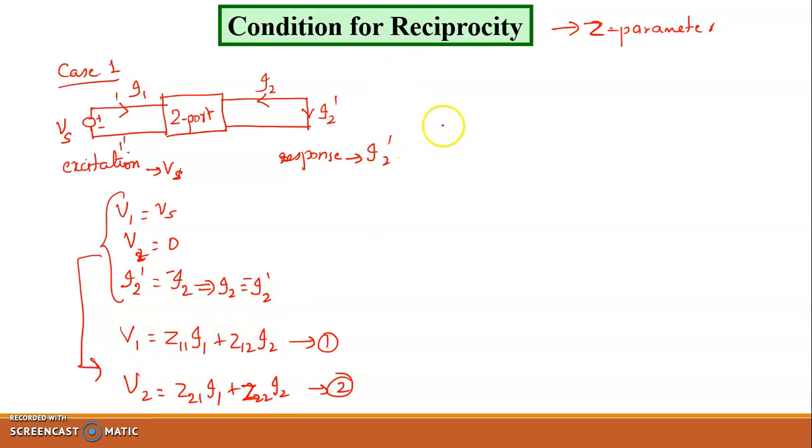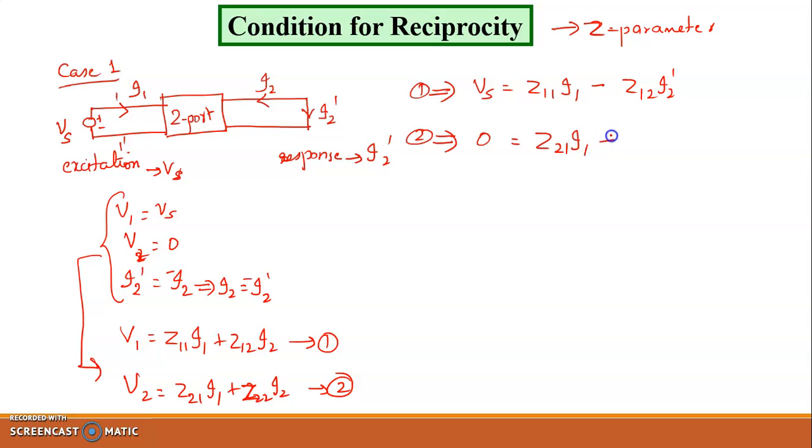If I do so, the first equation changes, V1 changes to Vs: Vs is equal to Z11 I1 minus Z12 I2 dash. The second equation changes to 0 is equal to Z21 I1 minus Z22 I2 dash.